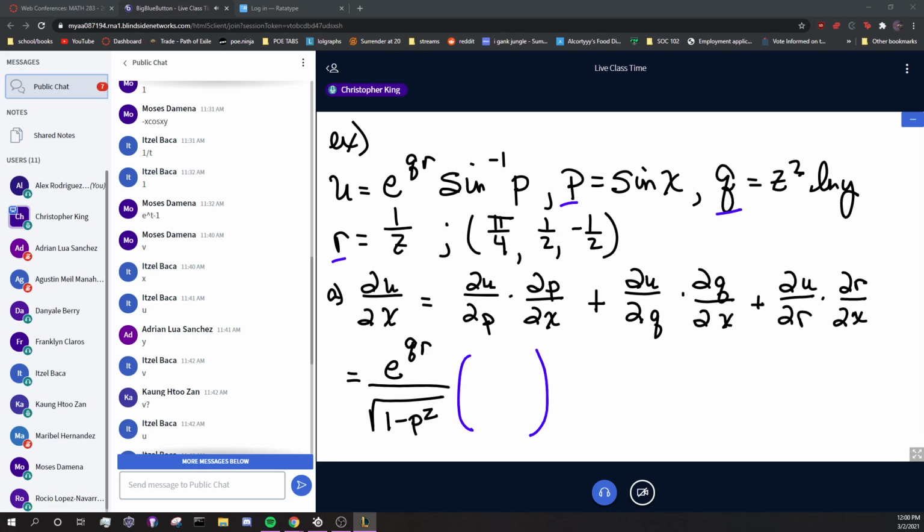So what would be the partial of p in respect to x? Cosine x. Yes. Plus, all right, so now let's do the partial of u in respect to q.